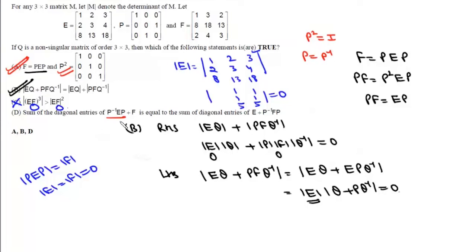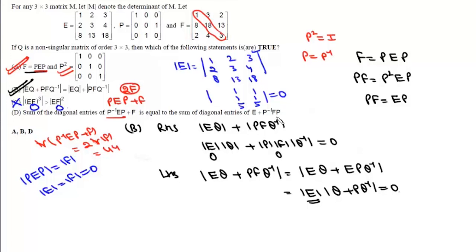So basically this is PEP plus F. Now PEP is nothing but F. So this first term is nothing but 2F. So trace of P inverse EP plus F is 2 times trace of F. And trace of F is 18 plus 4, 22, which is 44.